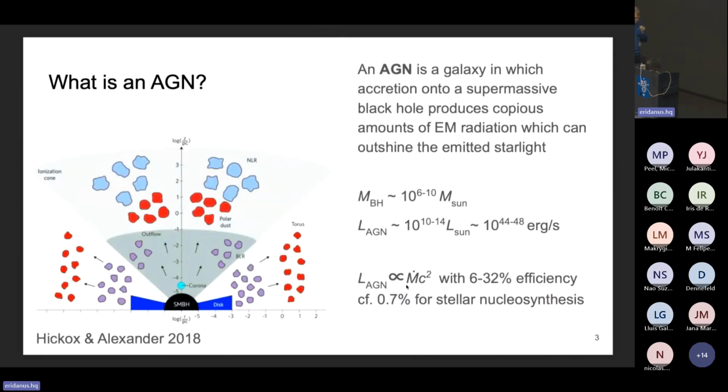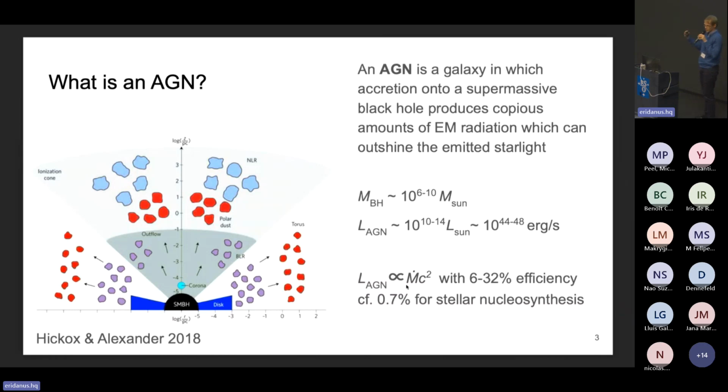Okay, so I'm sure many of you have seen all of this before, but a basic reminder of what an AGN is. An AGN is an active galactic nucleus, which is powered by accretion onto a supermassive black hole. So you have an amount of material falling onto a black hole of between sort of 1 million to 1 billion times the mass of the sun.